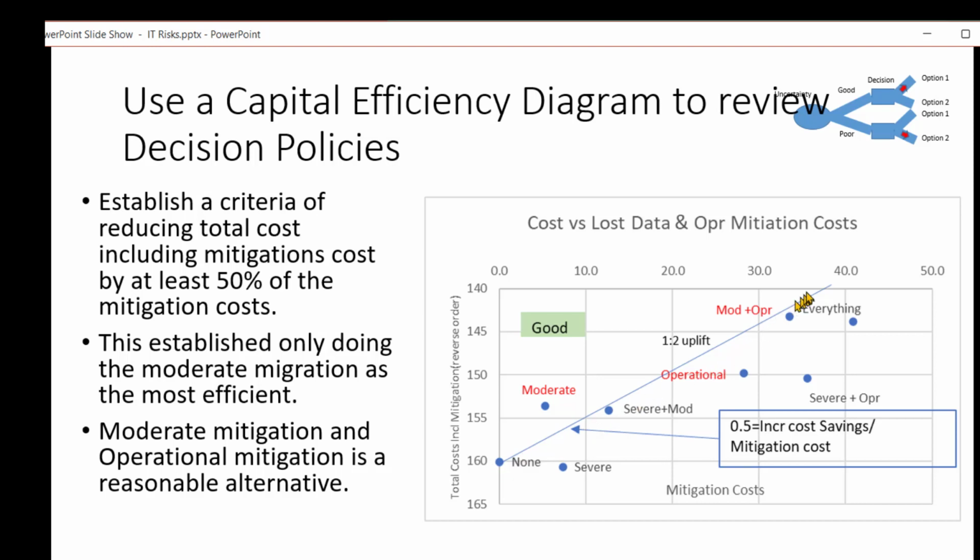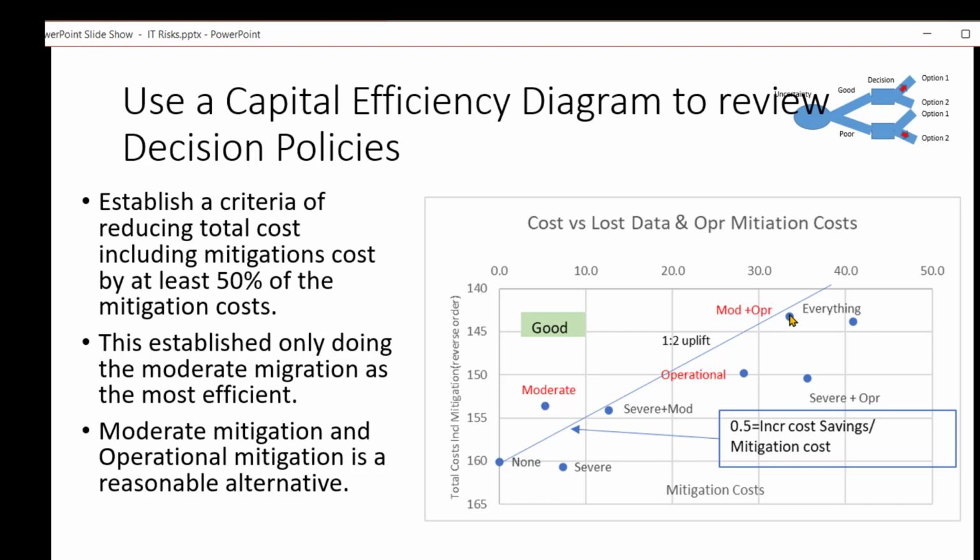Now I've drawn a line through here. This is 60, 0. And if I increase this by 20, this has gone up by 10. So things that are above the line are good. So what we see here is that the one that's the best actually is just the operational or moderate mitigation. That is the best option.